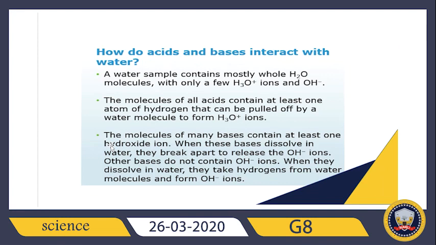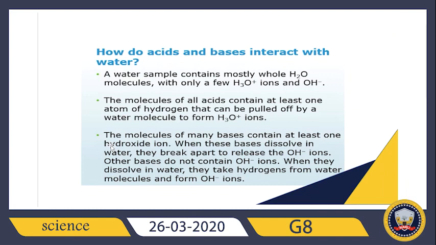Another kind of acid is sulfuric acid, which has the formula H2SO4, so it has more than 1 hydrogen atom, it has 2 hydrogen atoms, and so on. So all acids should contain at least 1 hydrogen atom.